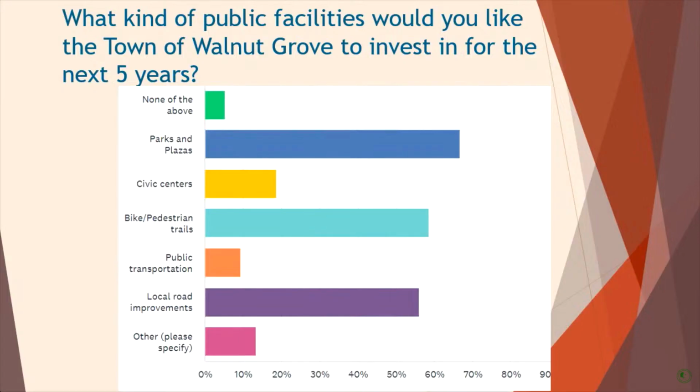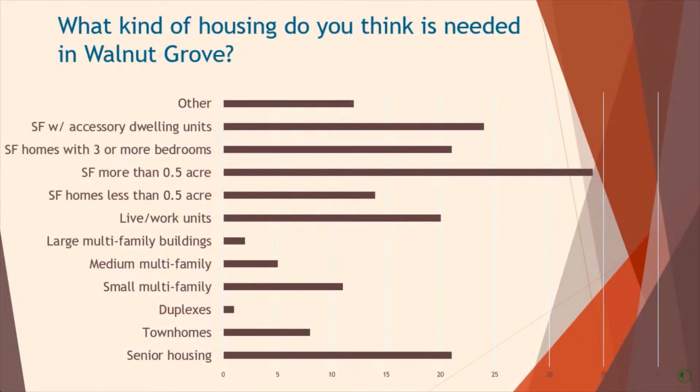What words best describe the vision for the future of Walnut Grove? You can read those. Again, a little bit of conflict, modern and accessible and small and cozy. And what kind of public facilities would you like the town of Walnut Grove to invest in over the next 5 years?